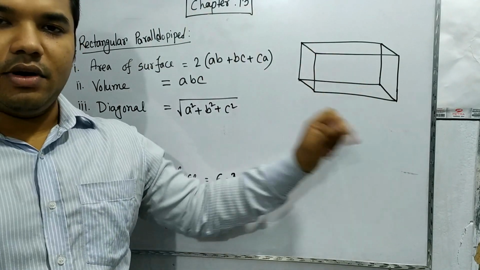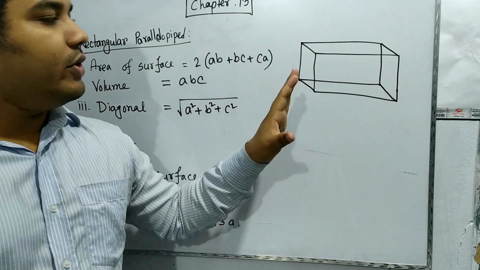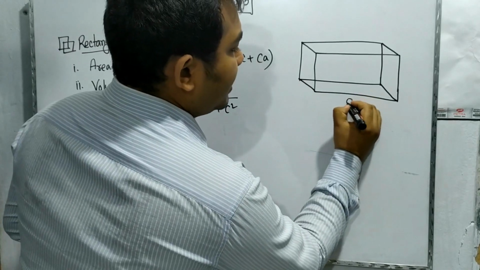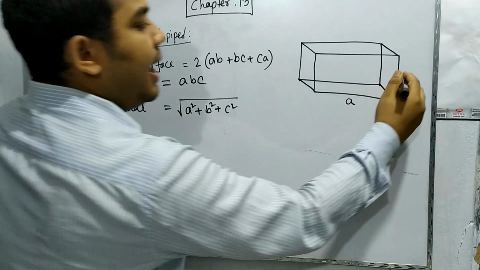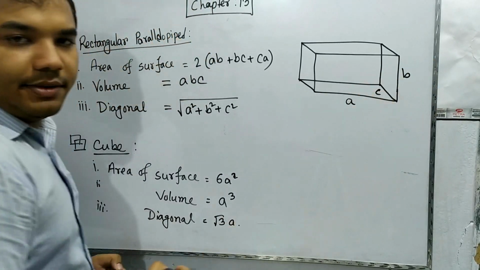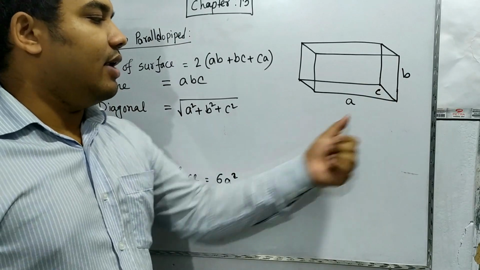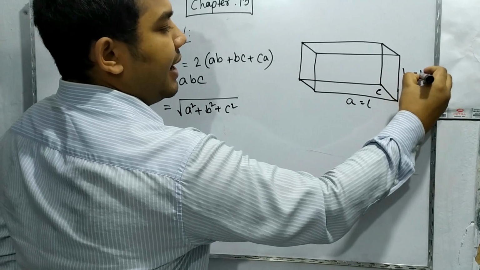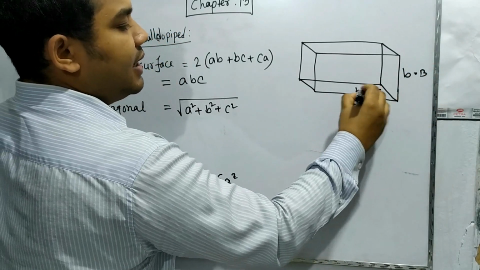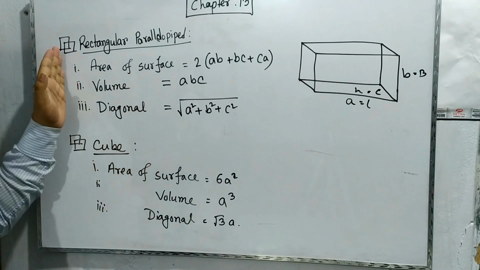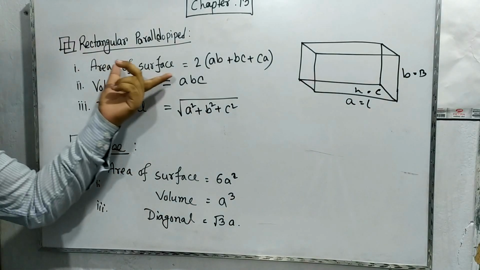In this rectangular parallelepiped, we will find three properties. One is its length, and there is a breadth, and there is also a height. If we consider our length as A, our breadth as B and our height as C, then we can talk about the formula of the area of the surface.